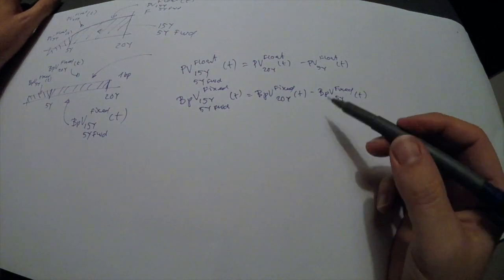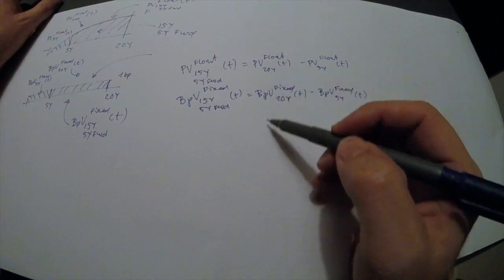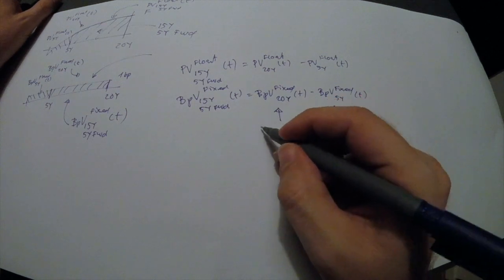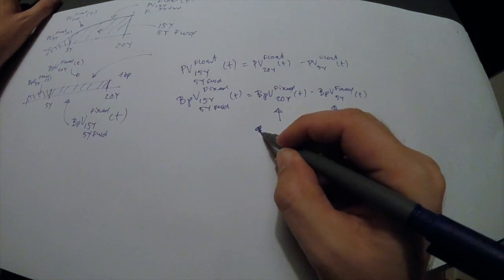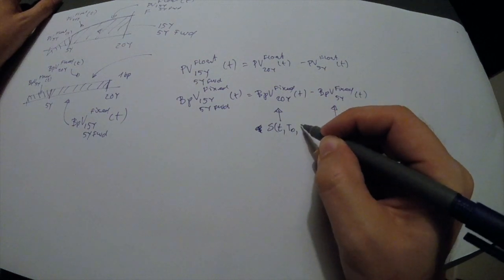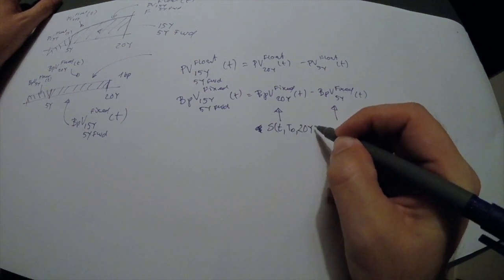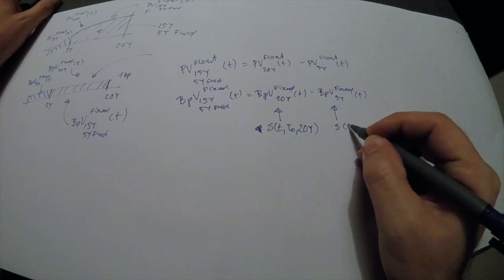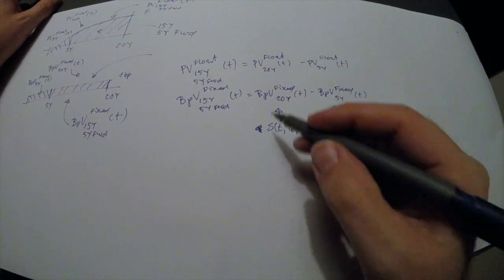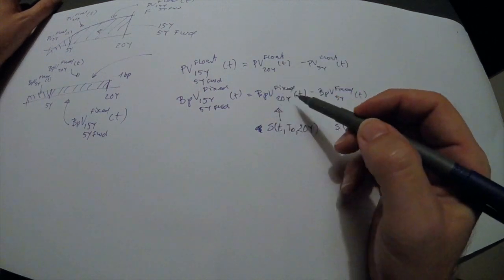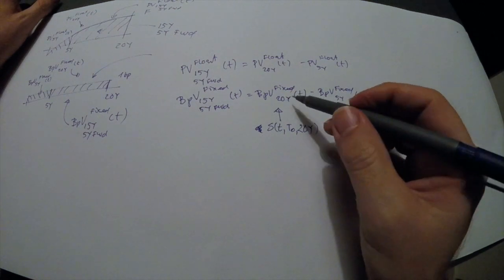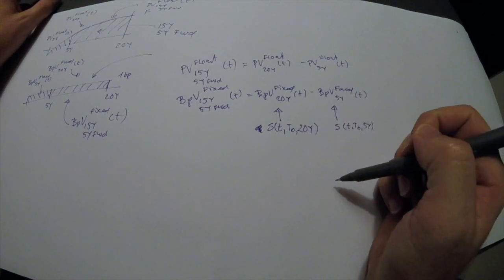Now, that's quite interesting, because we know there's a relationship between these two guys and these two guys and the corresponding swap rate. So if we look at the swap rate with the spot start maturing in 20 years and the swap rate with the spot start maturing in 5 years, they would just be the ratio of the value of the floating leg to the basis point value of the fixed leg, and the same for the 5-year.